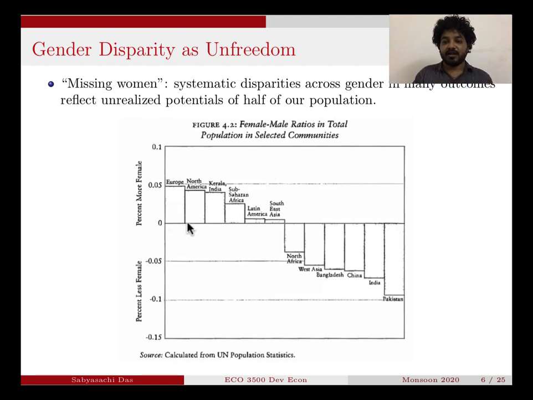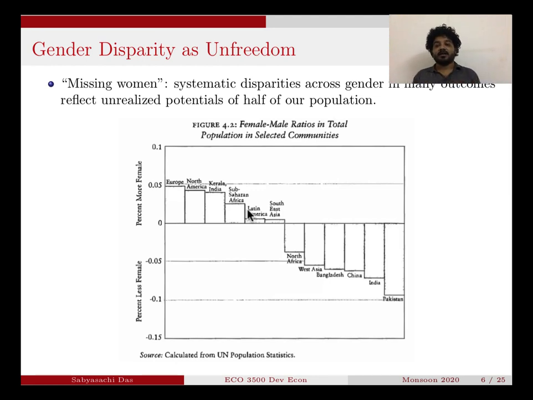So on the very far left you have Europe, which has one of the highest sex ratios in the world, and on the right you have Pakistan, which is one of the lowest sex ratios in this plot, right next to India. However, I would like you to focus on this group, the countries in sub-Saharan Africa, and maybe compare them to this, which is China.